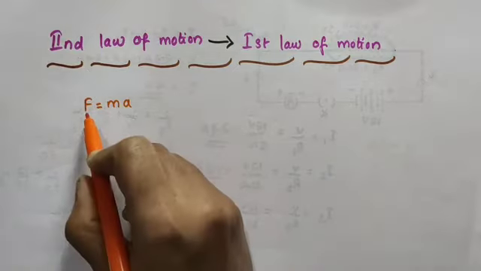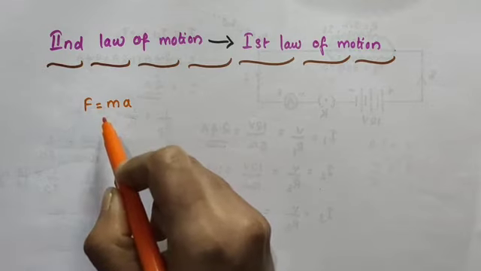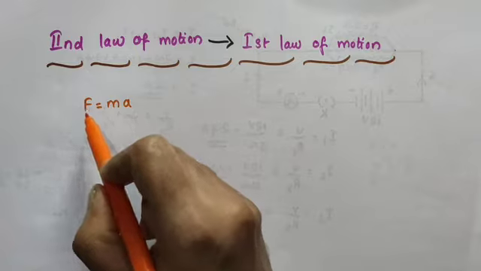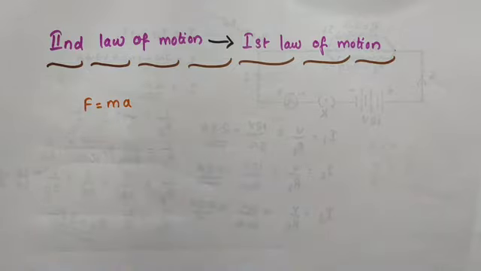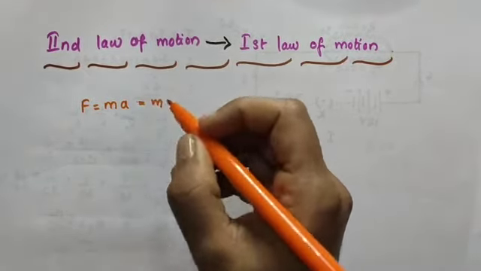That is, when an external force F acts on an object of mass m, it gets accelerated with an acceleration a, and the force equals mass times acceleration. Now, what is this acceleration? Acceleration is equal to the change in velocity divided by time.